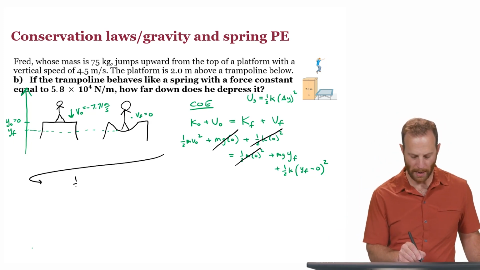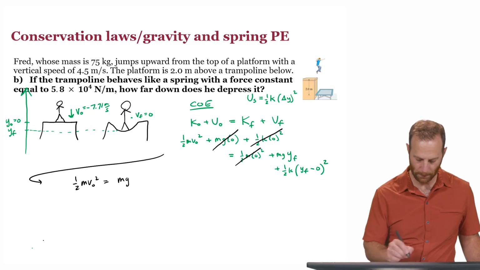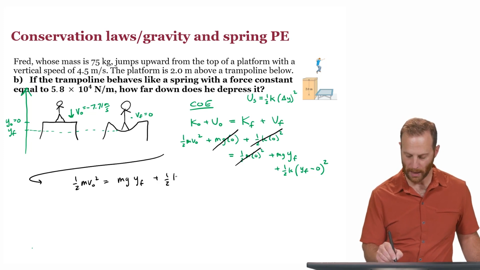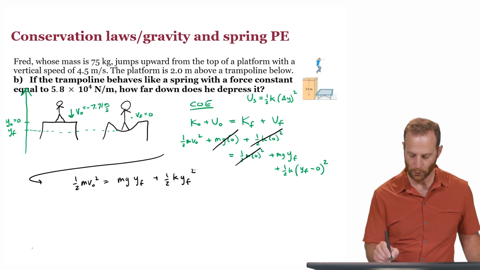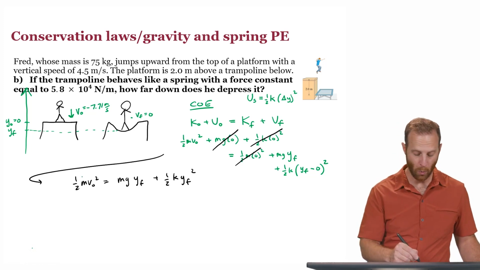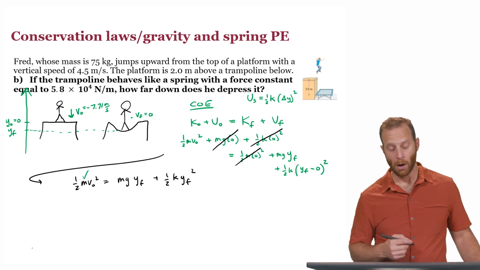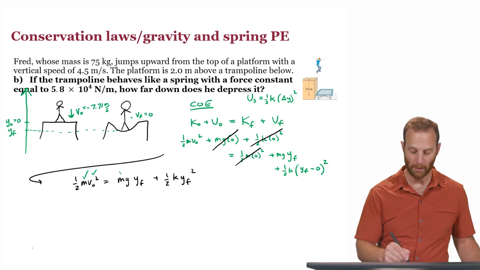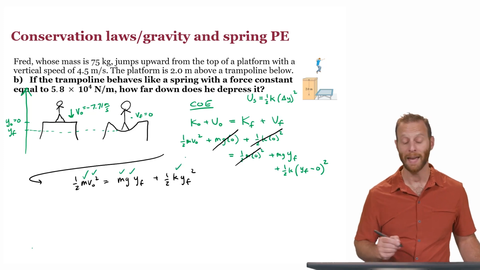Let's just summarize what we have. We have 1/2 m v naught squared equal to m g y final plus 1/2 k y final squared. Taking a look at what we are given, we know what m is. V0 we've already computed in part A. We have the mass, we have g, we have k as well.